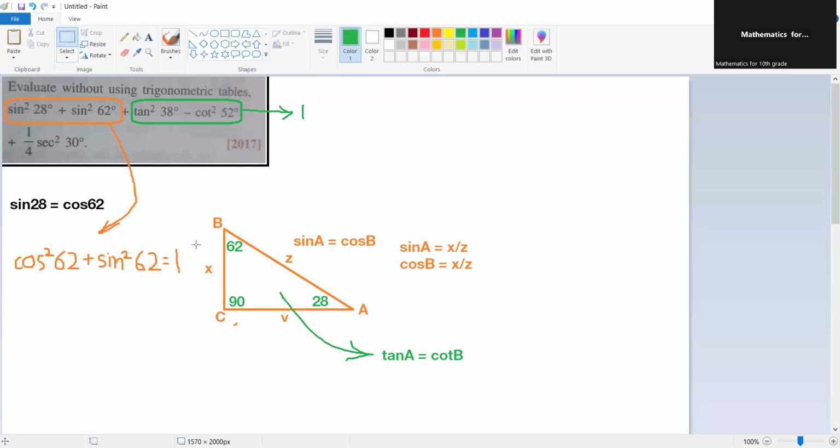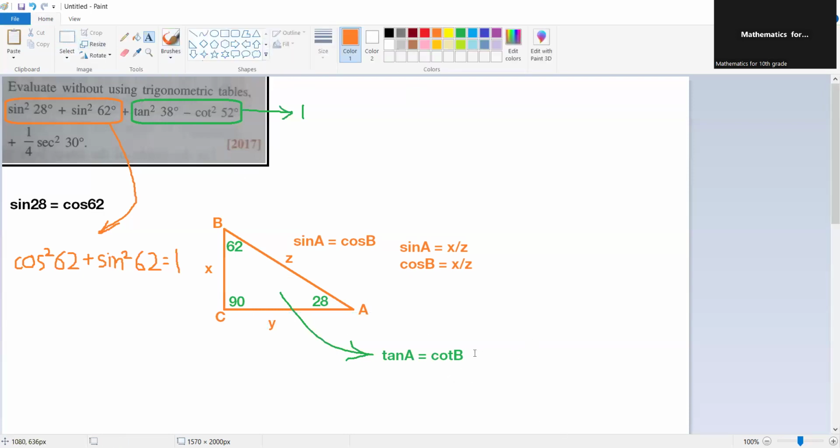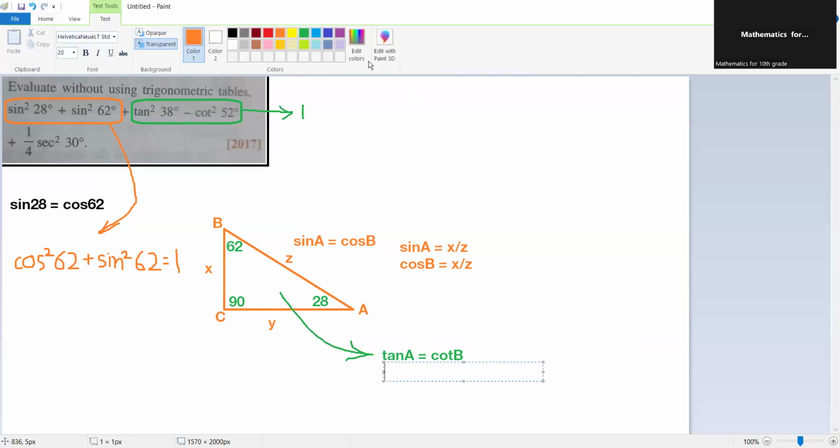So what is tan of A? Tan of A is opposite side by adjacent side, which is x by y. And what is cot of B? It is adjacent side by opposite side, because cot is adjacent by opposite. So which is again x by y. So when A and B are complementary angles, which means they add up to 90 degrees, tan A is equal to cot B.